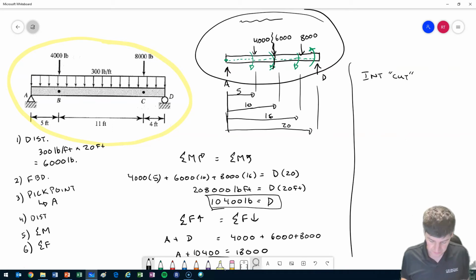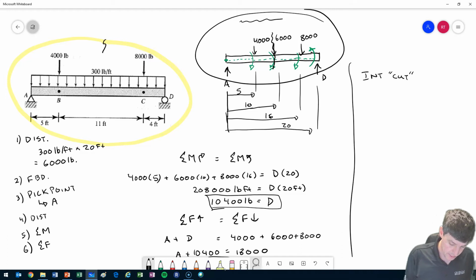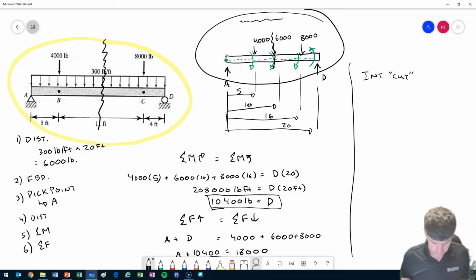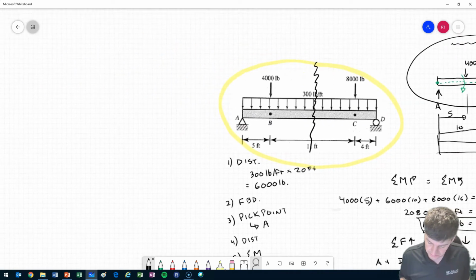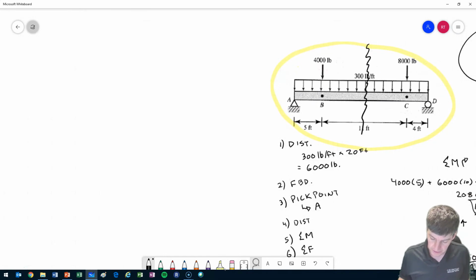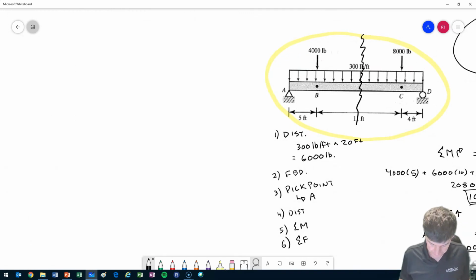But what we actually have to do is cut our beam down the middle, and we have to have a left-hand side which has a distributed load, or a right-hand side which has a distributed load. So we're going to have an extra bit of distributed load to work at, but if we don't, we're going to get the wrong answer, and we've wasted all of our time.